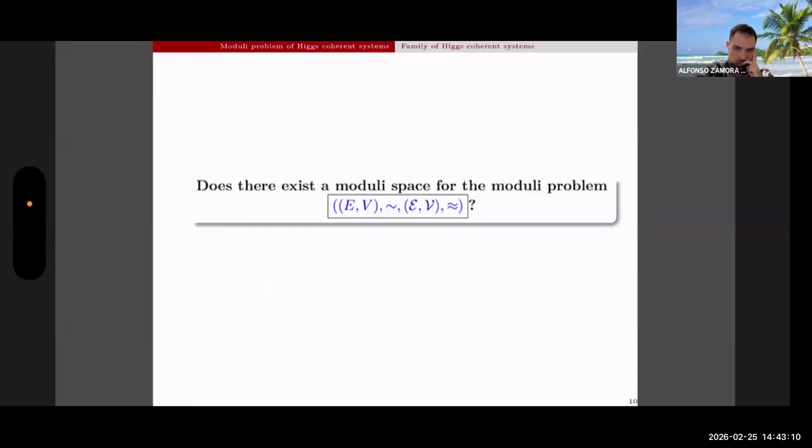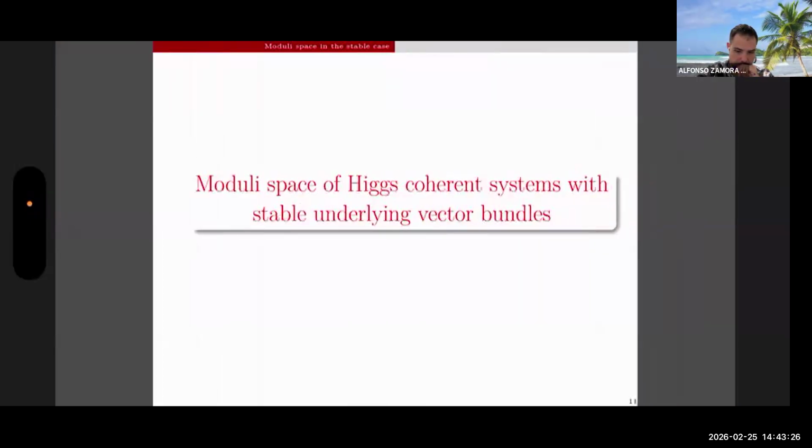As you may expect, the presence of automorphisms of these objects prevents the existence of a fine moduli space for all Higgs coherent systems. For this reason, and following standard approaches in the study of augmented bundles, we consider Higgs coherent systems where the underlying vector bundles are stable.